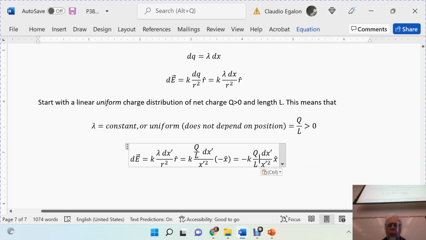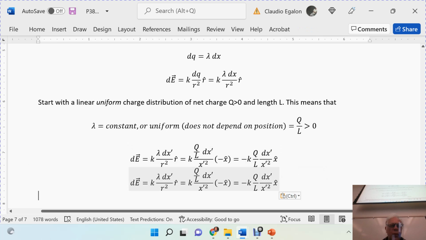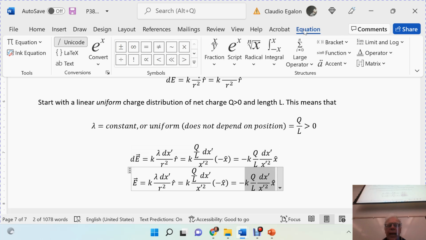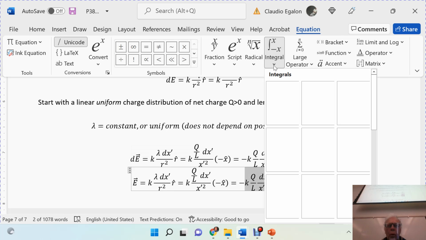I'm gonna put it right in here outside. And what do I have to do next? I have to integrate this. This is like a total differential equation, right? Here we go. I'm gonna put everything within an integral.